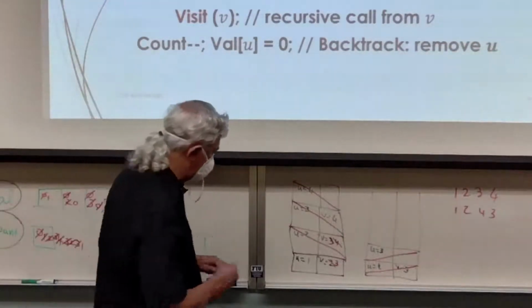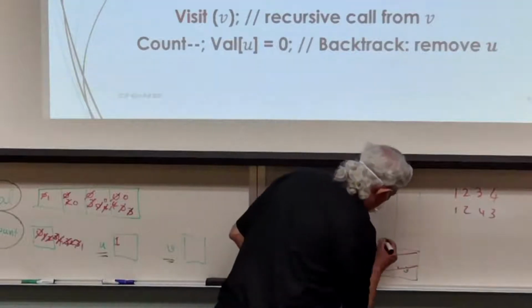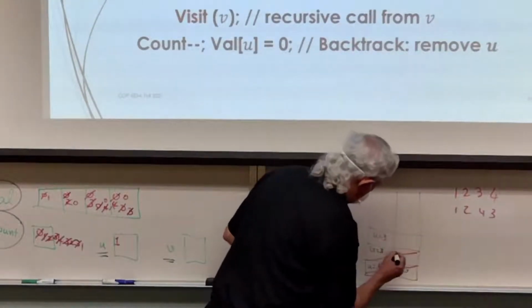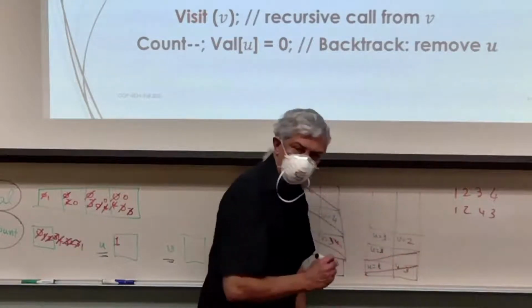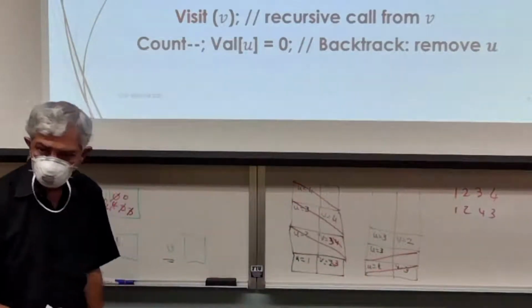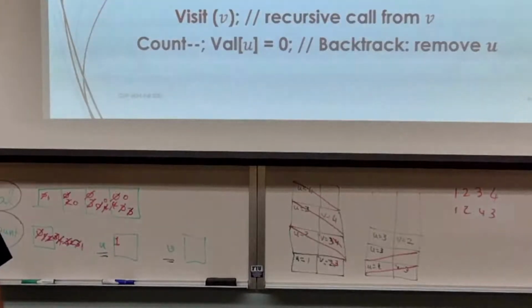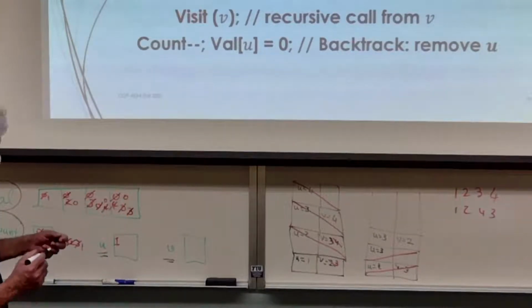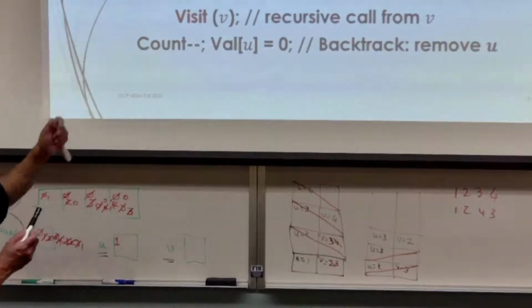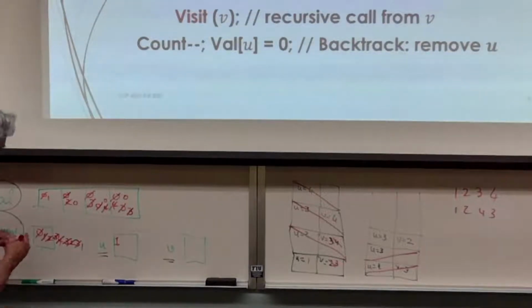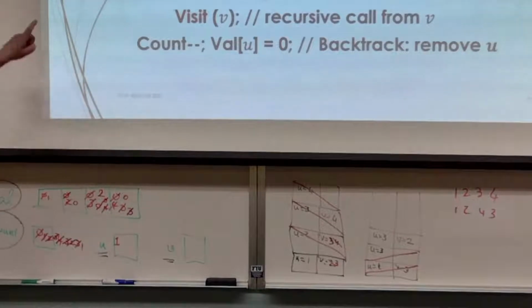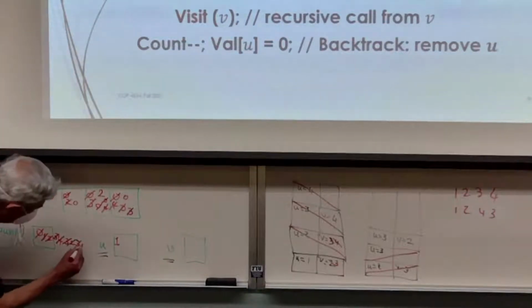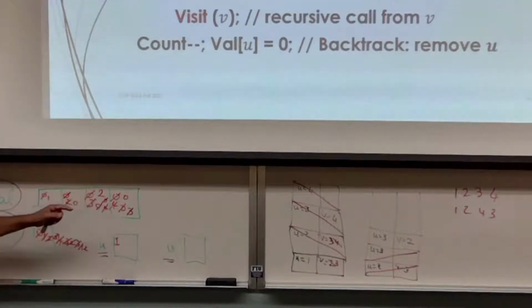So what we have is u equals 3, and it's going to go and find the first 0 item, which would be in position 2. Is that clear? But before that, it's going to make this guy as 2. Right? Because count is at 1, count will be made 2, and 2 will be put in position u.